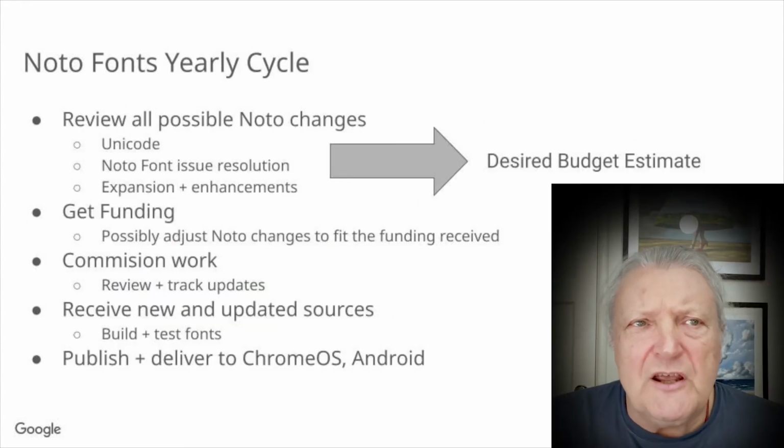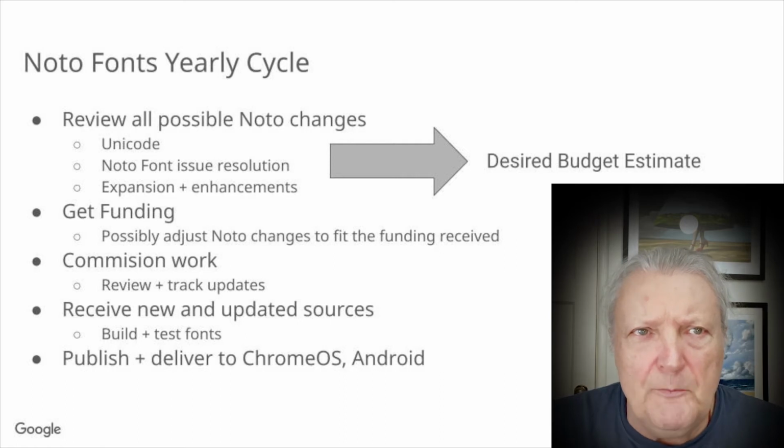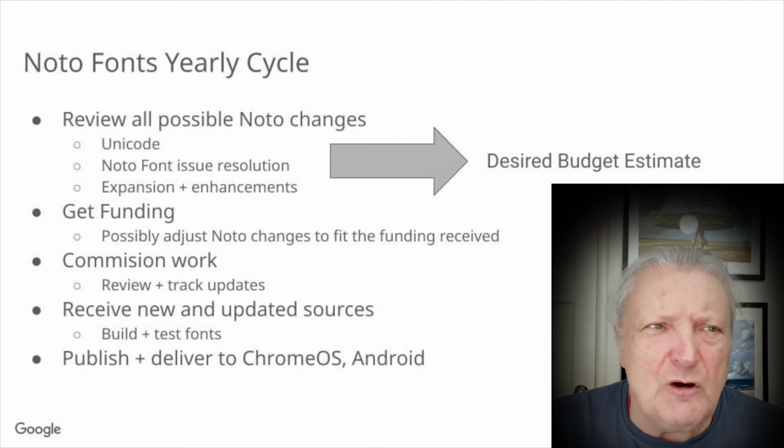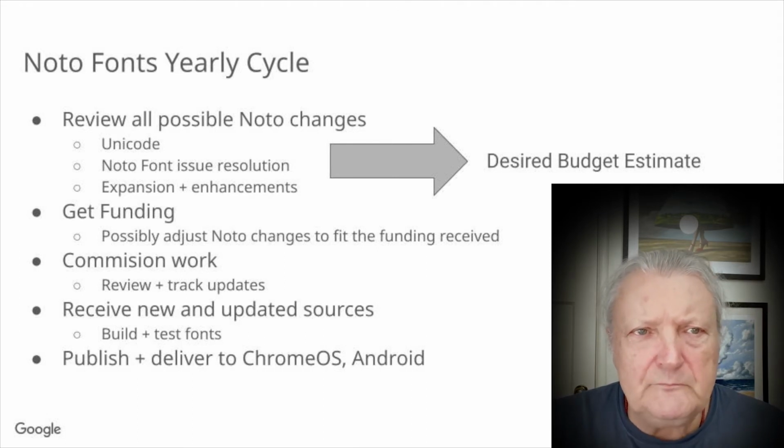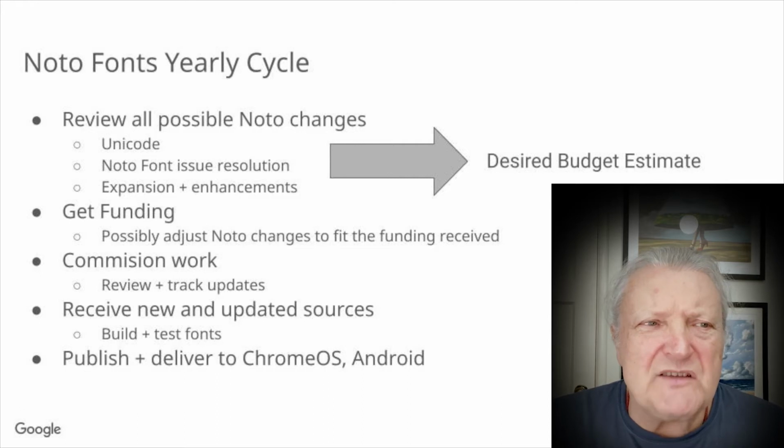I mentioned that Unicode has the biggest impact on what we do for Noto. In addition to Unicode, when we plan at the beginning of each year our work for Noto, we also look at the GitHub issues reported by the users and discuss if we want to expand or enhance Noto styles. This allows us to come up with a proposed budget.